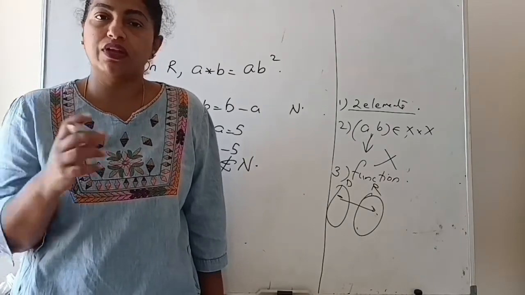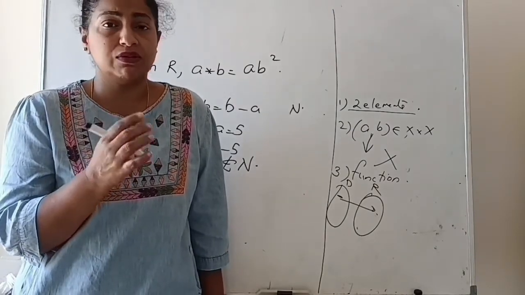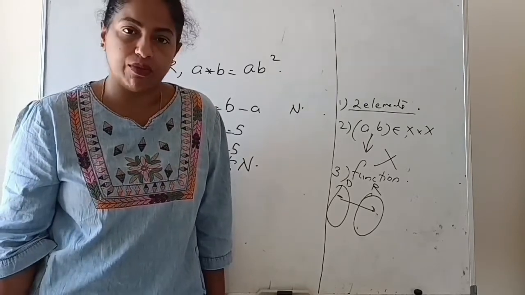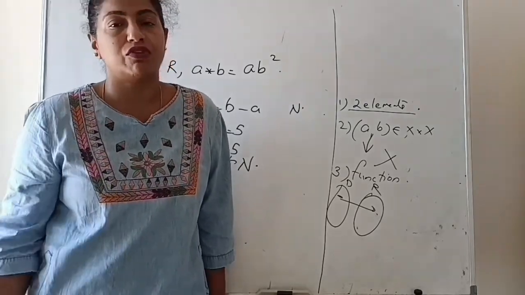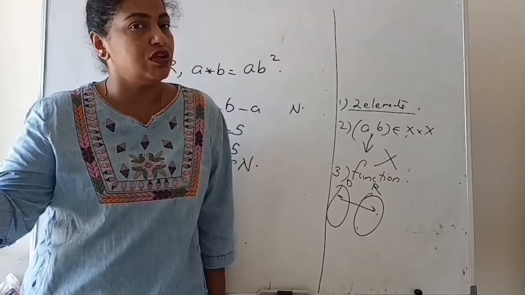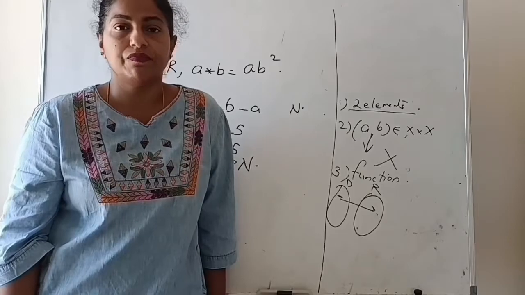To say something is not true, give just one example. That is enough. But to say something is true, you have to make a general statement. You cannot give examples because you will have to give an unlimited number of examples for that. So, make a generalized observation and write it according to the norms that are set in your CBSE book.